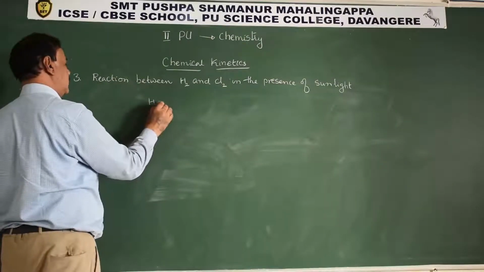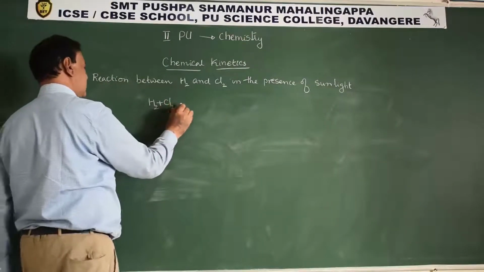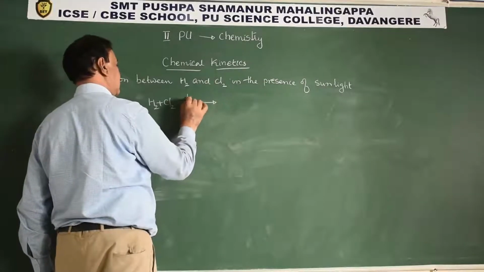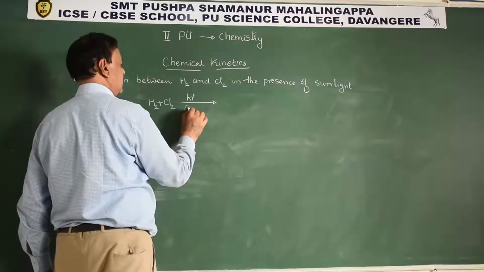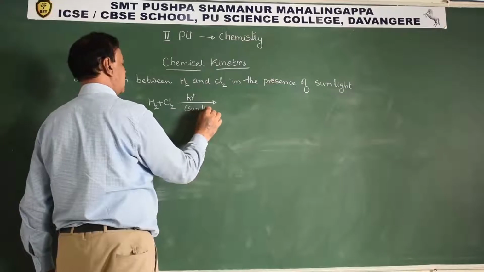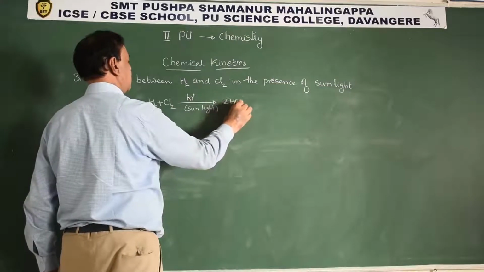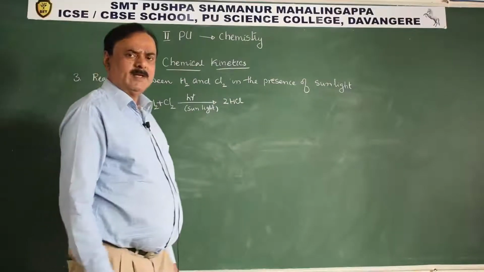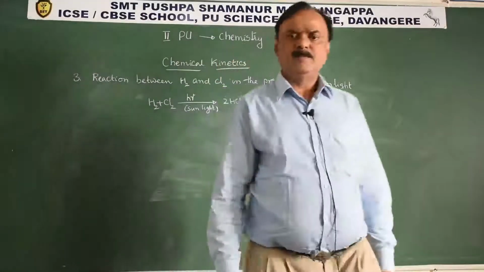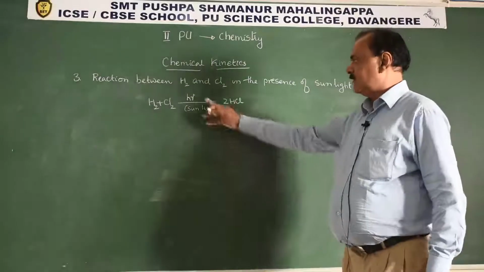It is H2 plus Cl2 in the presence of h nu. h nu means sunlight. That gives rise to 2HCl.